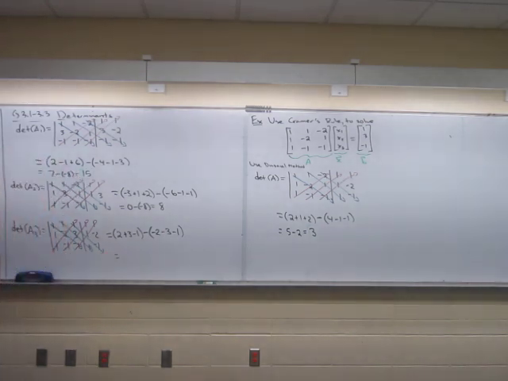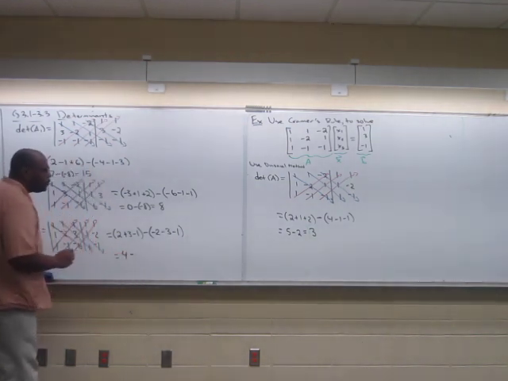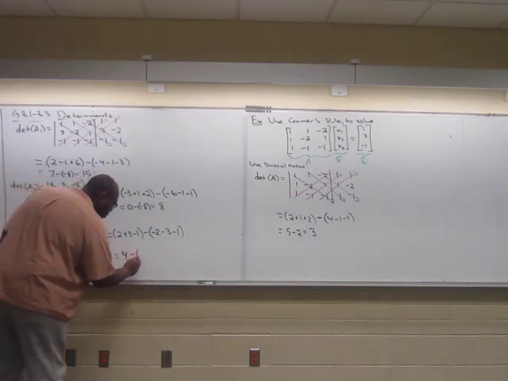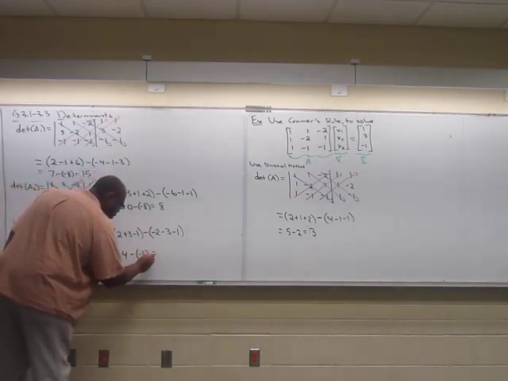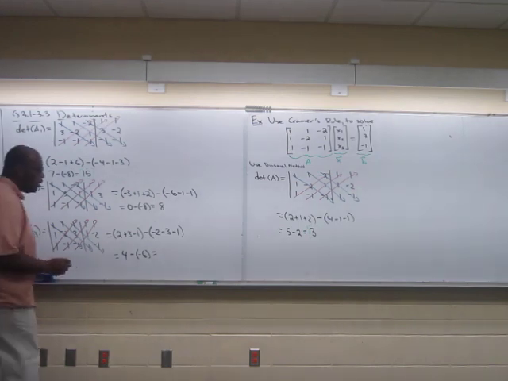Let's add that together, so that's going to be 5 minus 1, that's 4, minus, okay, we look at the next one, that's going to be, what's that, -5, -1, so -6. Okay. So 4 plus 6 is 10.